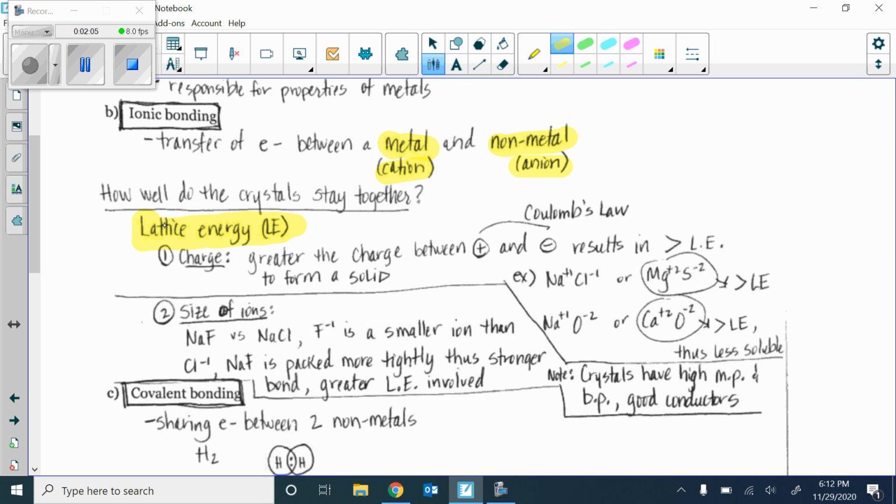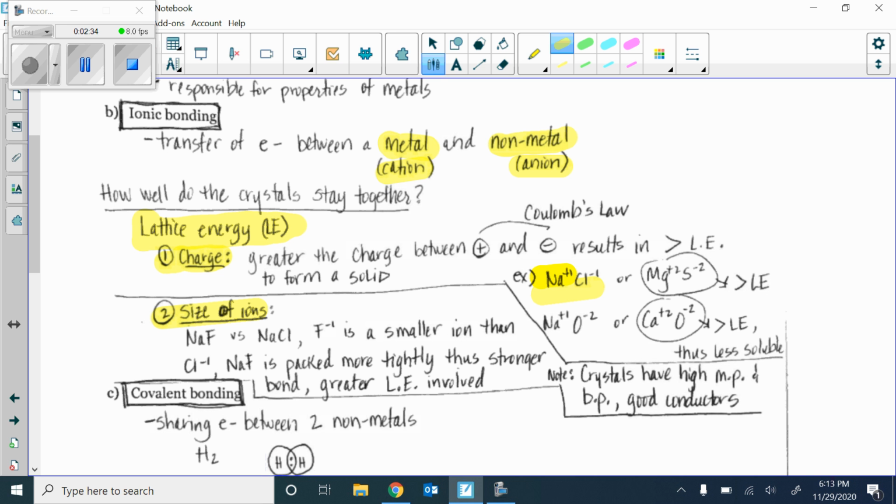So how do we tell how much lattice energy we need? The first way is always going to be charge, and the second way is going to be the size of the ions. The charge is the easiest thing, you guys. If you just look up sodium chloride, like I have over here, then it has +1, -1. And so the greater the charge between the positive and the negatives, between losing electrons and gaining electrons, the greater the lattice energy to form that solid.